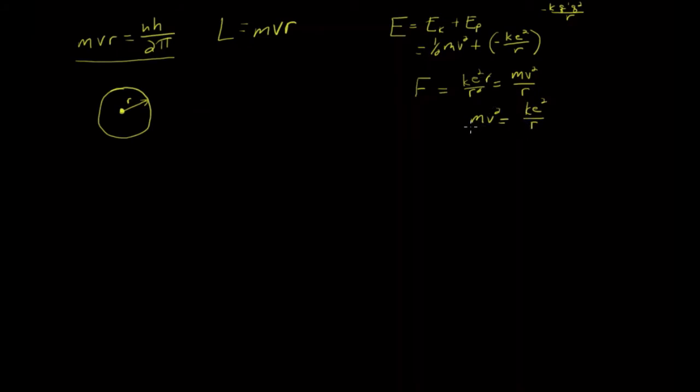Now the reason why I did that is we have this and we have this up here. So I can substitute this into my velocity squared.